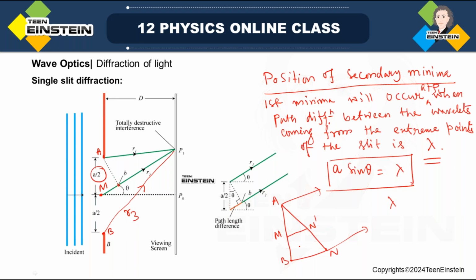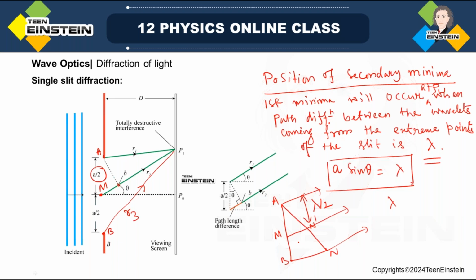So these are actually similar triangles, isn't it? So the ratio of the sides will be the same. To keep it the same, the path difference has to be lambda by 2 for these two rays. Okay, the path difference between these two rays has to be lambda by 2.